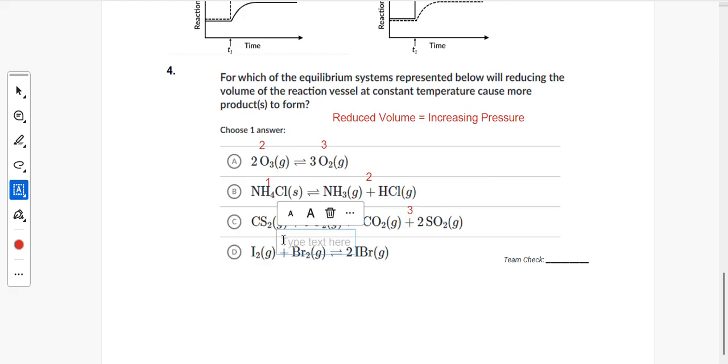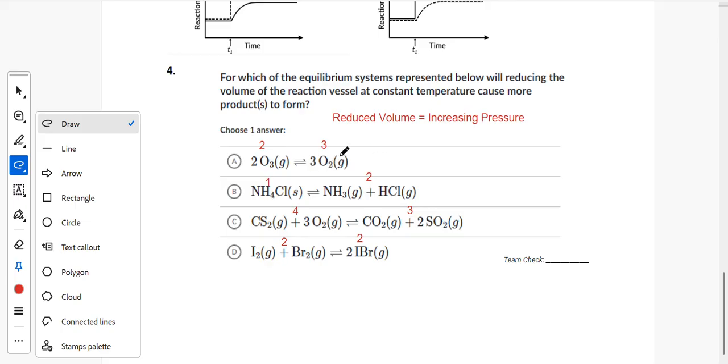For D, we've got 2 and 2. For which of the equilibrium systems will reducing the volume cause more products to form? We want more products to form.